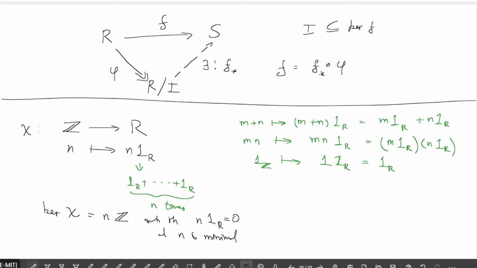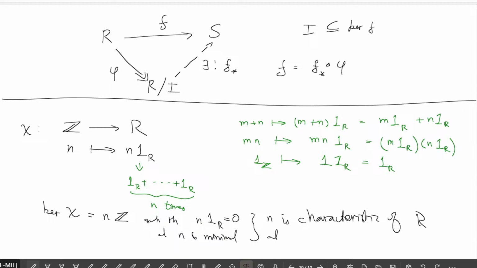That n is called the characteristic of R.